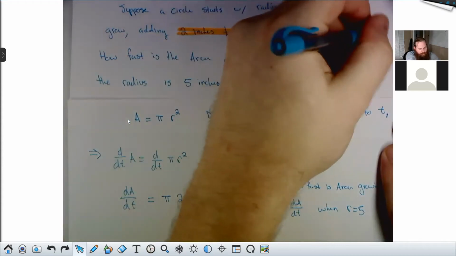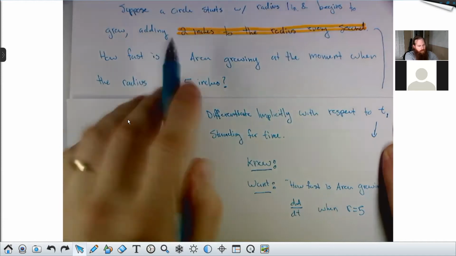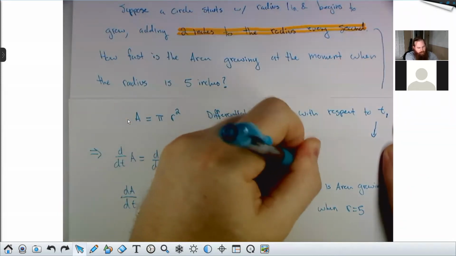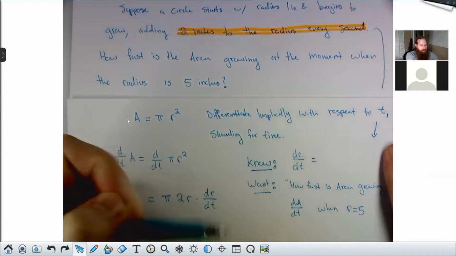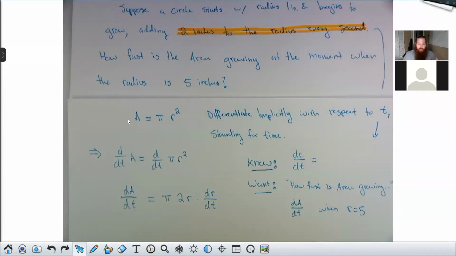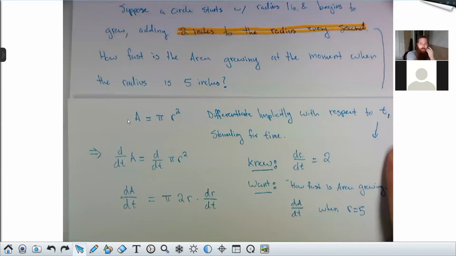So since the radius is growing at 2 inches per second, and since dr dt is the rate of change of the radius with respect to time, we're growing, so r is increasing, so dr dt, the derivative of r, should be positive, and it's 2. That's how fast the radius is growing. Every second, we're adding 2 inches to the radius.